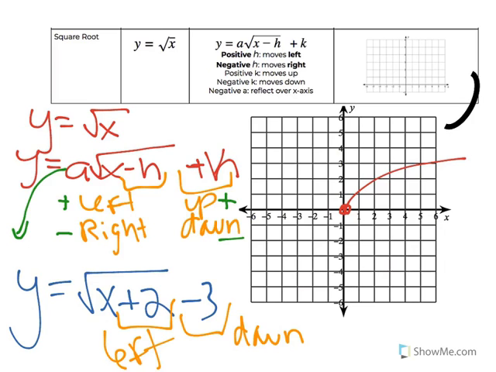So starting at the origin, we are going down 3, and then to the left 2. And then making that swoop shape. So similar to all the other ones, with the value on the outside being up and down, and the value on the inside being left and right, but the opposite.